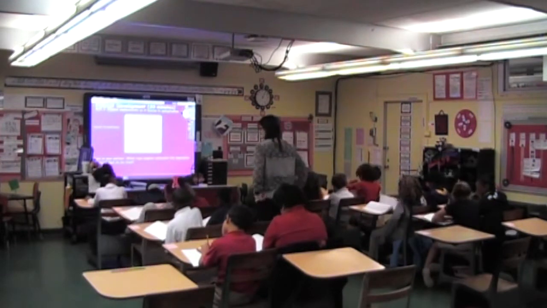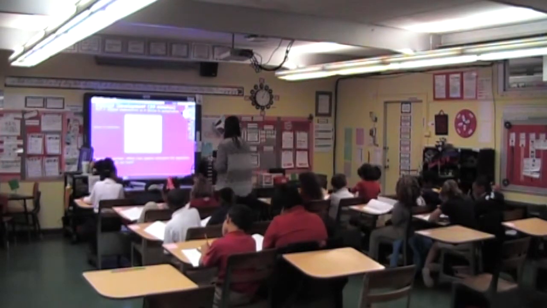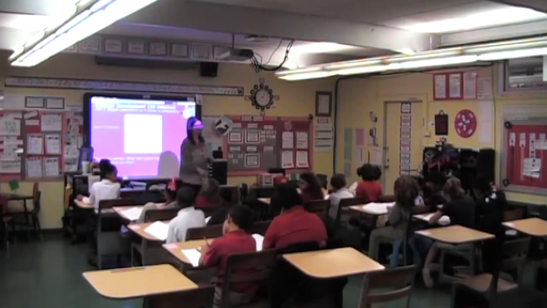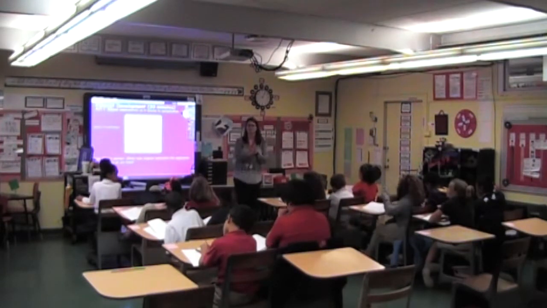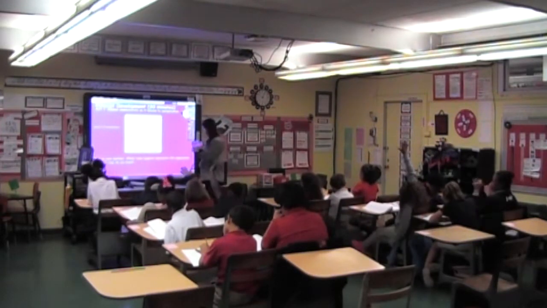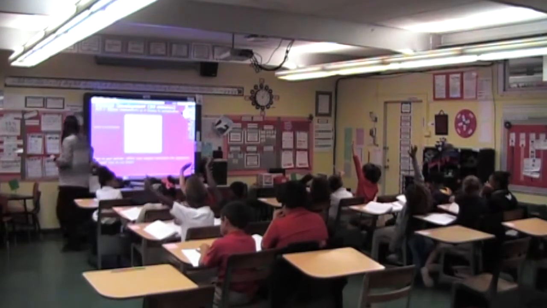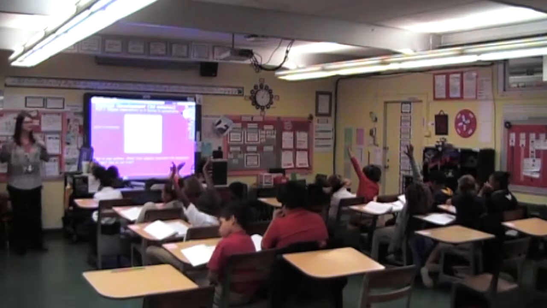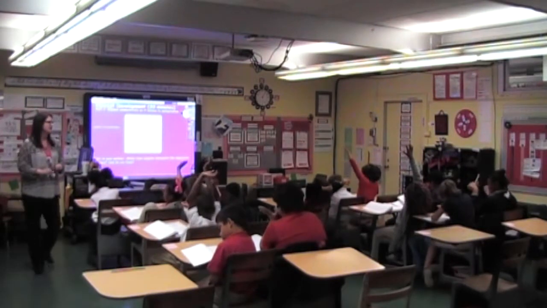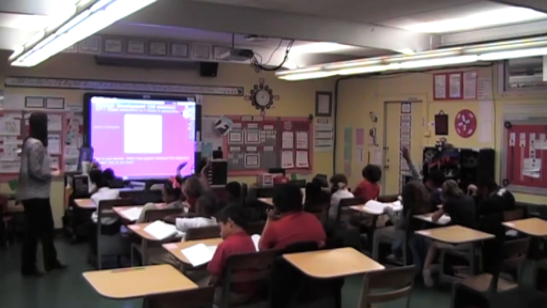Oh, Lonnie and Jazira are writing a sentence. Who can tell me which one you would choose? Which one of these tape diagrams represents the problem we used in the application problem? Michaela?